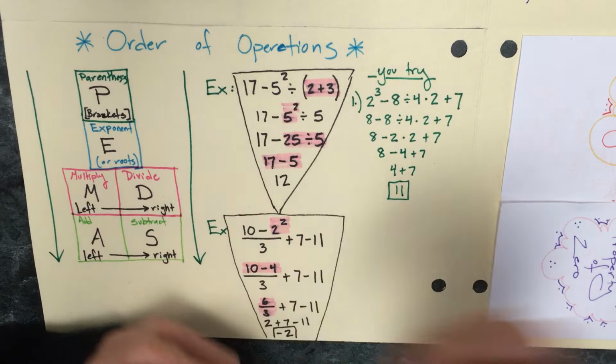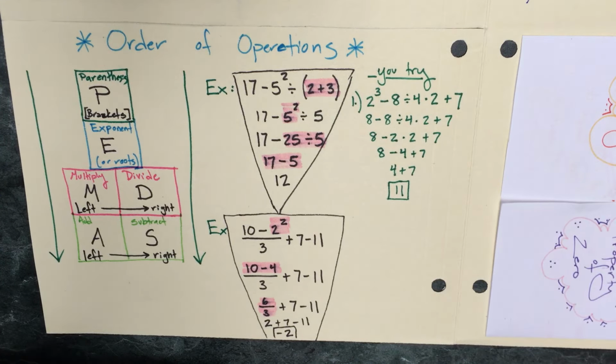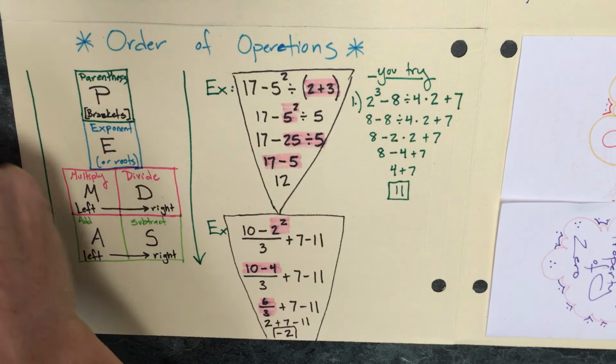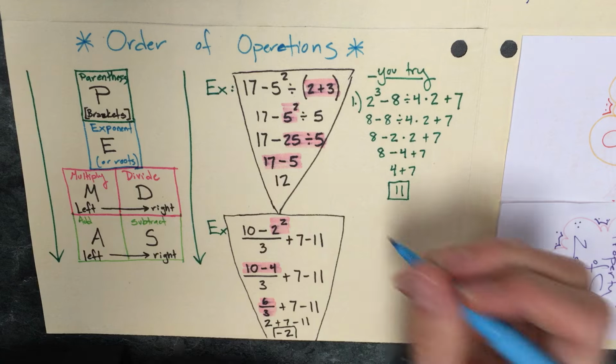So if you didn't get 11, go ahead and write this problem down on another piece of paper and try it again in like 5 or 10 minutes. Let your brain rest a second and try it again and you can check your answer. So let's go to the next you try. I'm going to make this one blue.